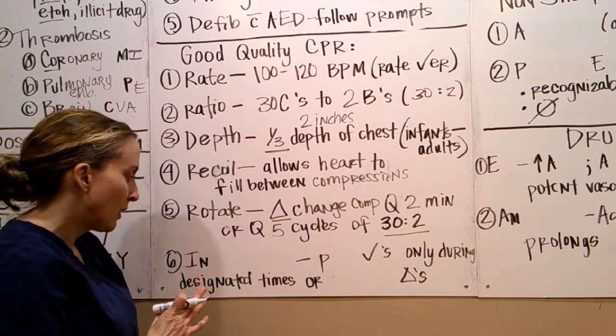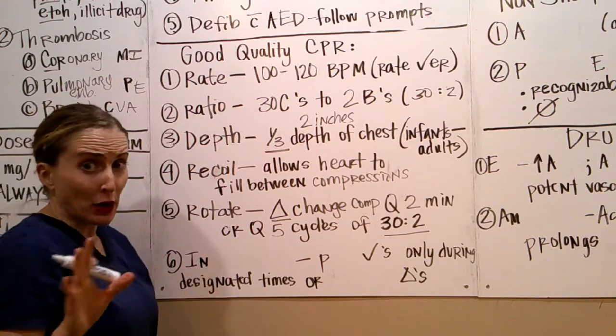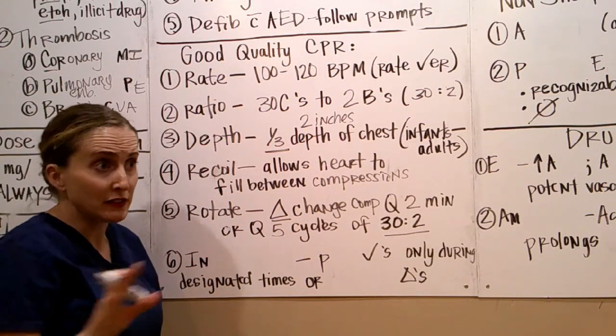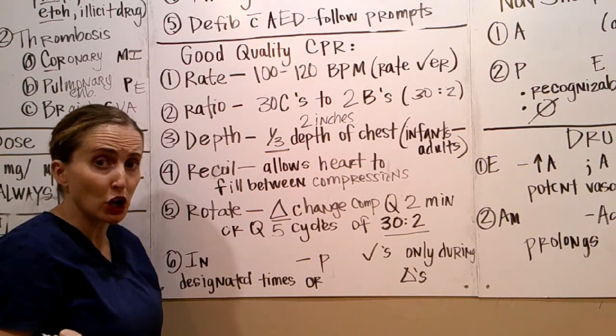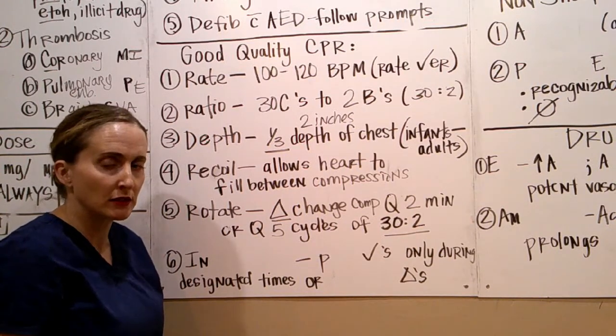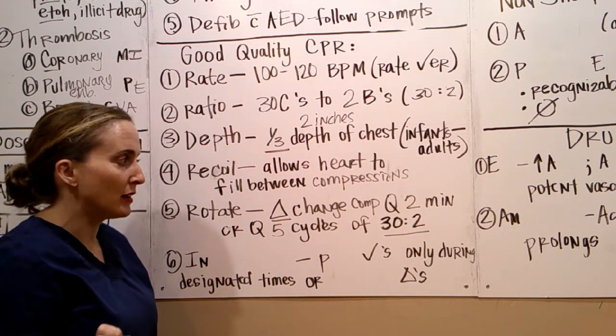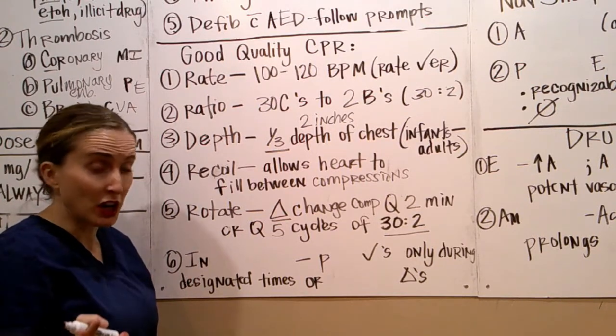Okay, now we got to remember that during our ACLS, during our Megacode, we're going to need to be doing pulse checks, okay? That should be happening at the designated times, and we'll talk about that in a minute.